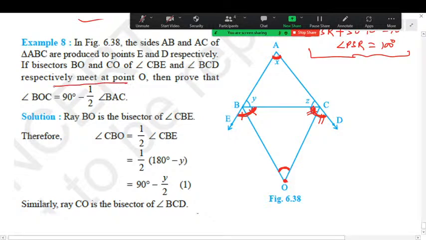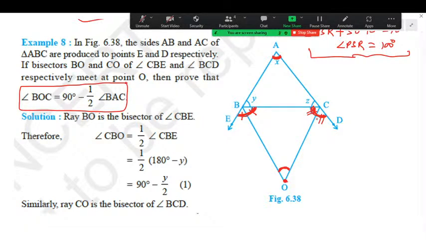We actually want to prove that angle BOC, that means this angle obtained by drawing the angle bisectors of these two exterior angles, must be equal to 90 minus half of angle A.